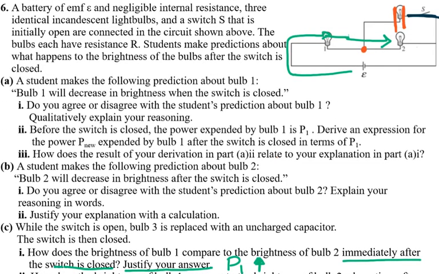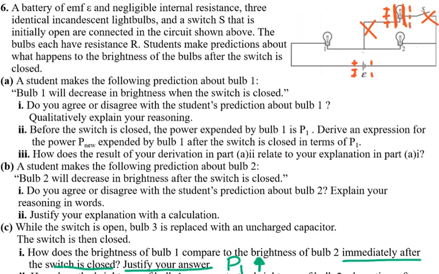So after the switch is closed for a while, it's the same as having the switch open. So if the capacitor is there, it's the same as disconnecting this circuit. Because the capacitor is charged, it has exactly the same charges on this plate as the battery and the same as this one, the negative charges.